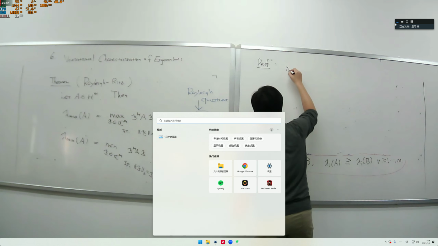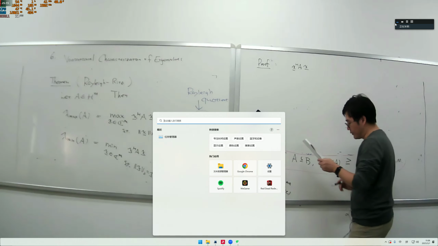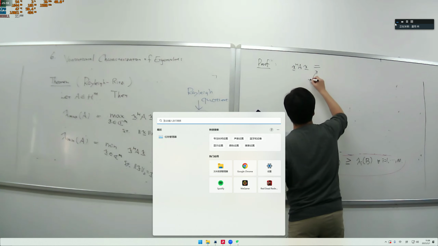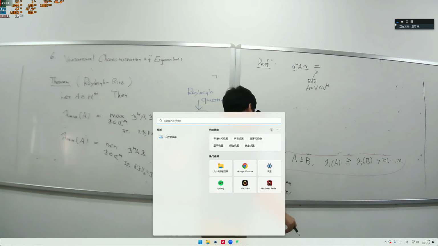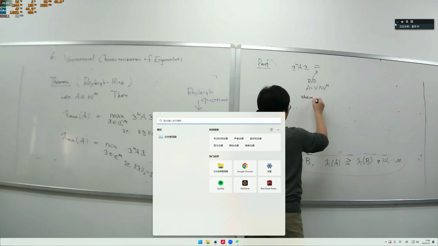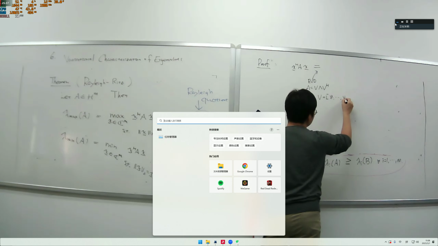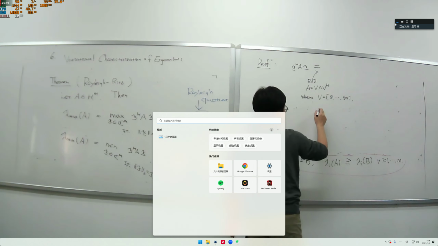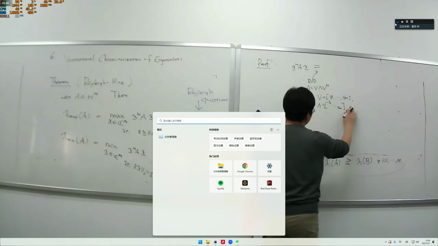You look at this objective function, then you apply the EVD, where V, suppose each column is V1 to Vn, V is unitary, and Lambda is diagonal with lambda 1 to lambda n.